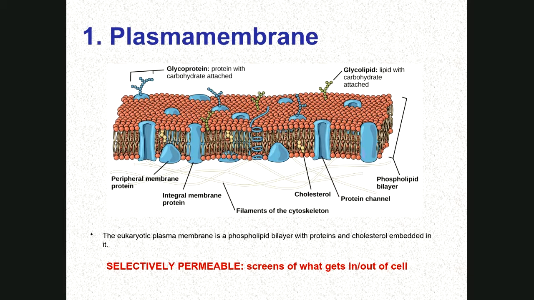So the only way to have this phospholipid bilayer is for the head part, which is hydrophilic, to be in contact with the outside that is watery, and the hydrophilic part of the other layer to be in contact with the water inside the cell.